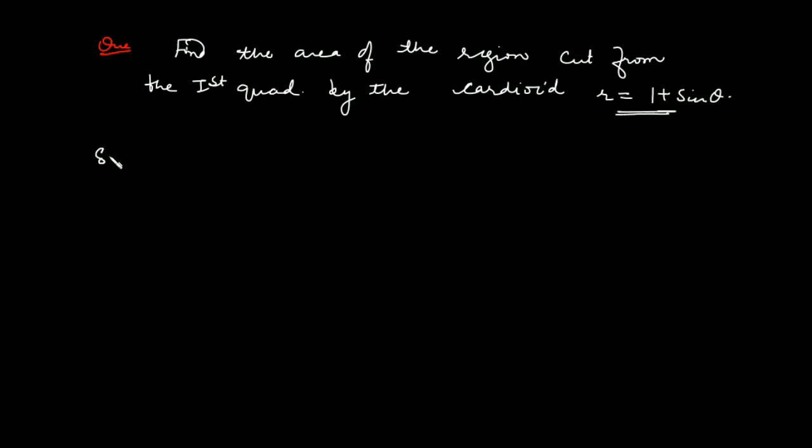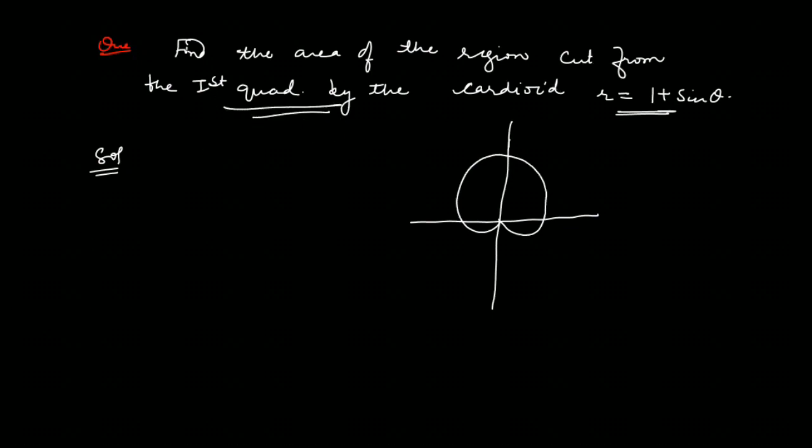First of all we sketch this region. This is symmetrical about the y-axis, with this shape. Now we have to find the area of the region which is cut by the first quadrant. So the region cut by the first quadrant is this one.